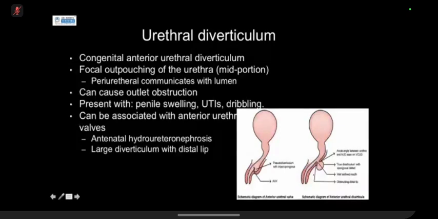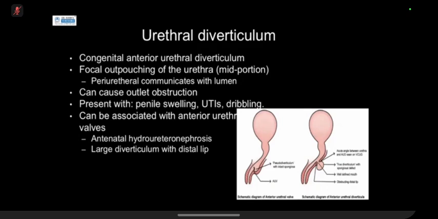So you'll get contrast opacifying the diverticulum as it goes through the lumen because there's a communication. It can cause outlet obstruction, so patients can present with bladder dysfunction.